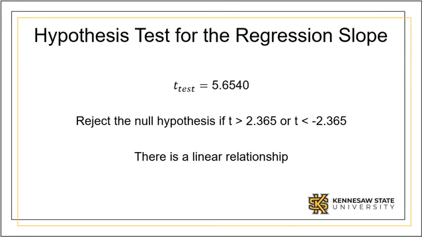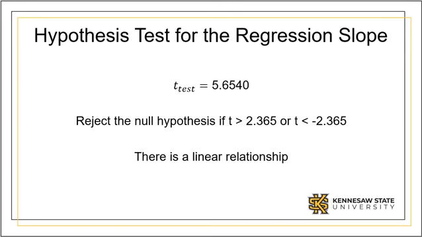We could also arrive at a similar result by looking at the test statistic and comparing to the critical statistic. Using the formulas on the previous slide, we obtain a test statistic of 5.6540. Recall that our critical statistic was 2.365.